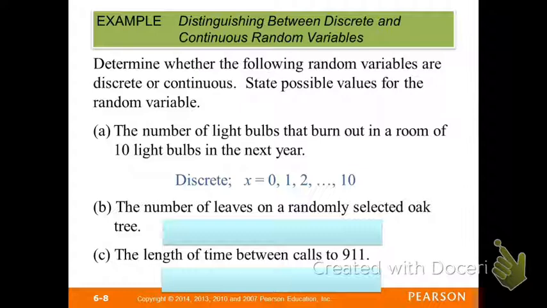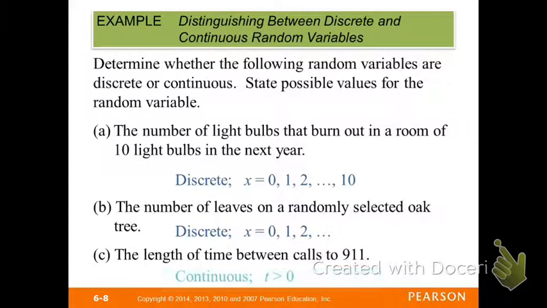It could be a very large oak tree, but because it's countable, it is still a discrete random variable. Okay, so it's a countable set of things. Now, the length of time between 911 calls is going to be a continuous random variable with time greater than 0.